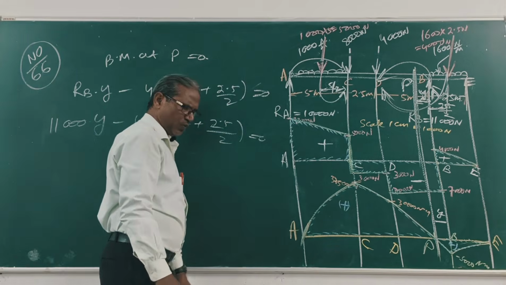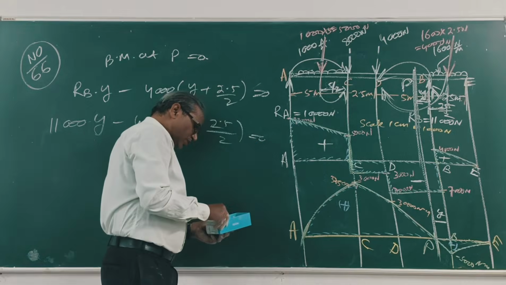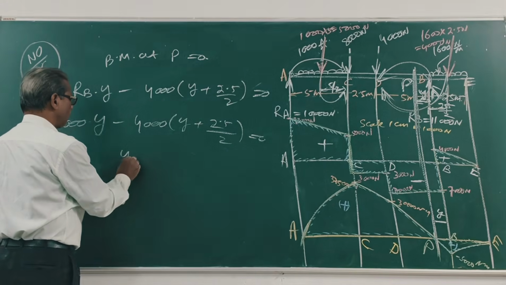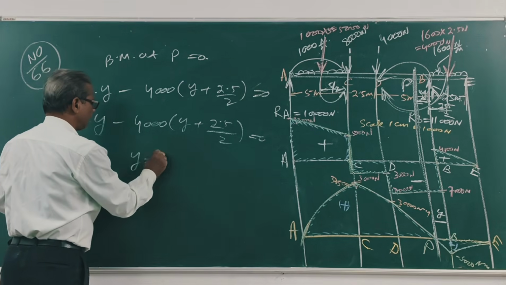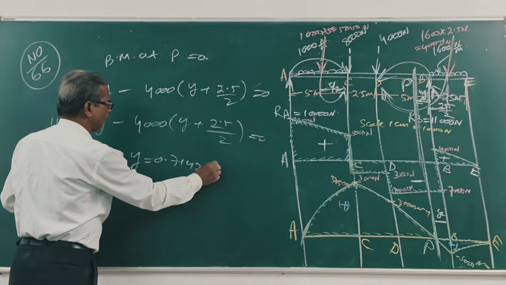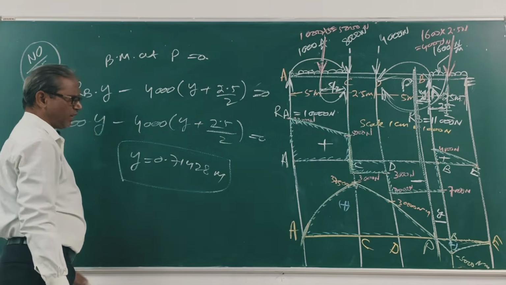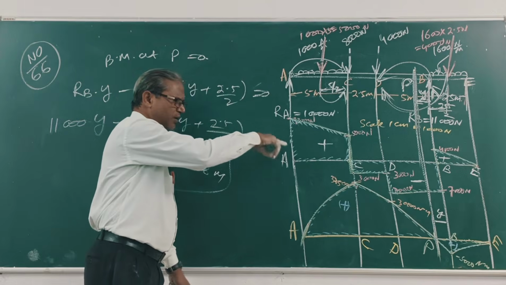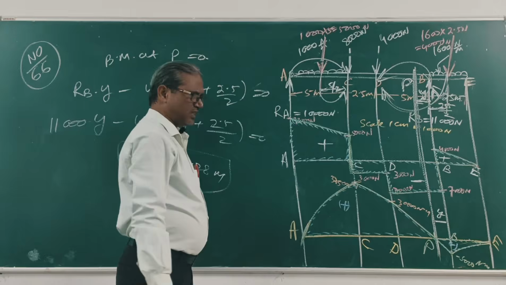Solving, you will get Y equal to 0.714 meter. This Y is the distance of P from B. Clear? This is problem 66.